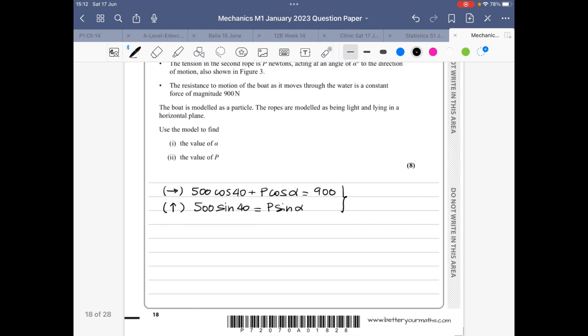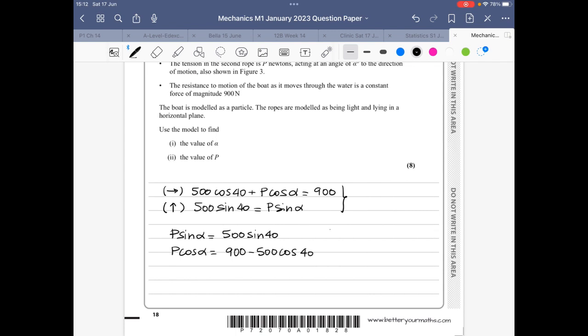I would just, for example, write P sine alpha, I know it's 500 sine 40. This is a number with the calculator. So my variables are these two, but these are numbers. And then P cos alpha from the first equation is going to be 900 minus 500 cos 40.